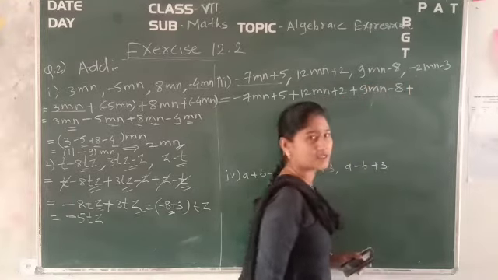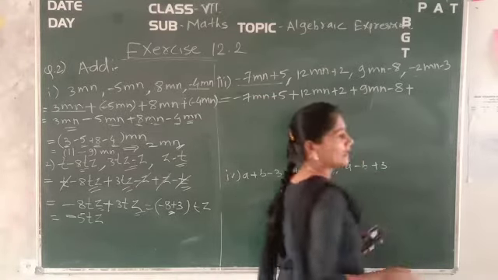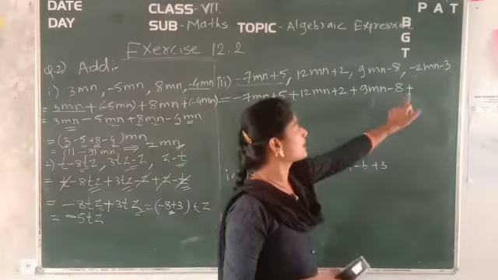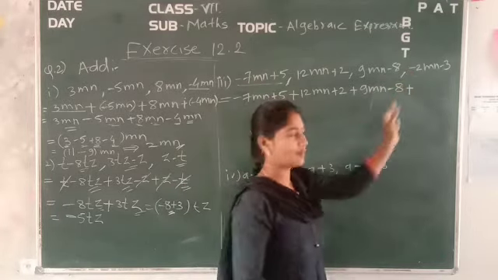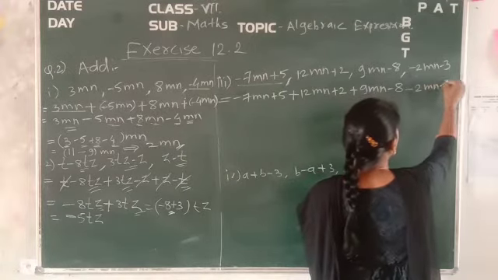Now this is minus, so you have to keep it in a bracket, or directly you can solve it so that we reduce one step. How can you solve it? Plus into minus will come, so the signs change: minus 2Mn minus 3.